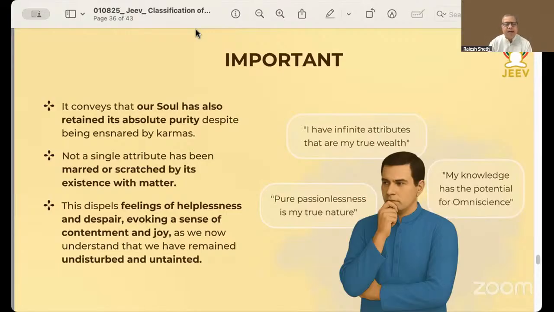We are complete in ourselves. So this sense of belonging dispels feelings of helplessness and despair. There is no reason to be in despair, in depression, in negative feelings. It evokes a sense of contentment and joy.